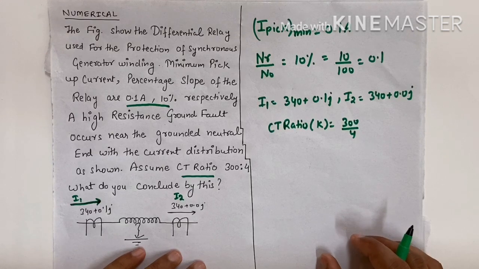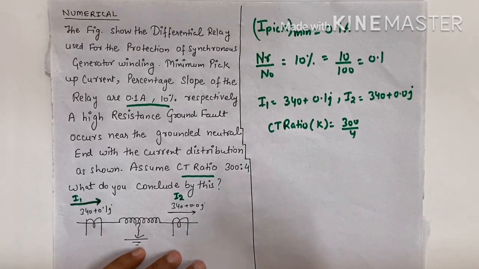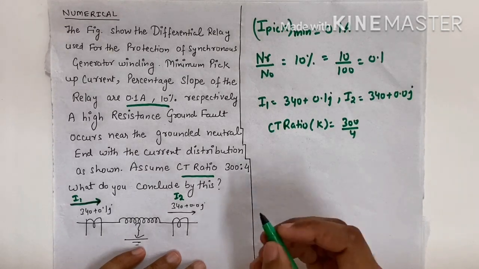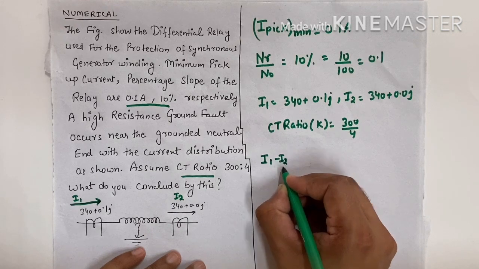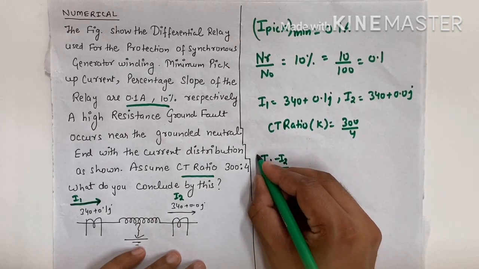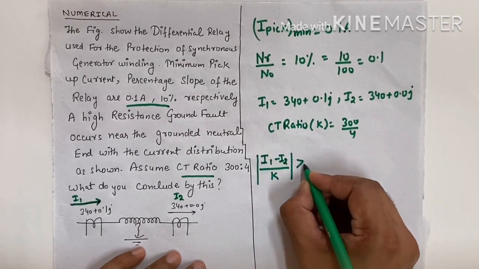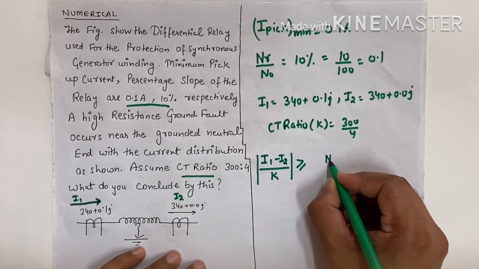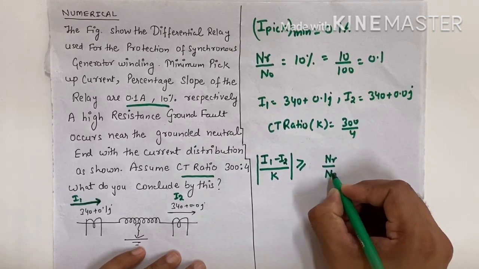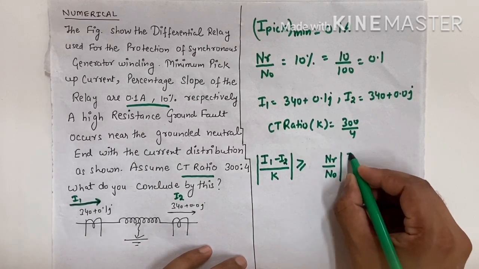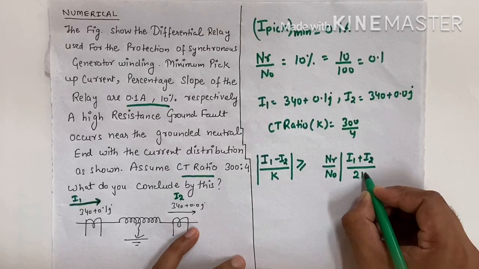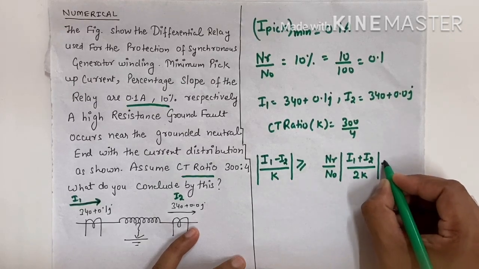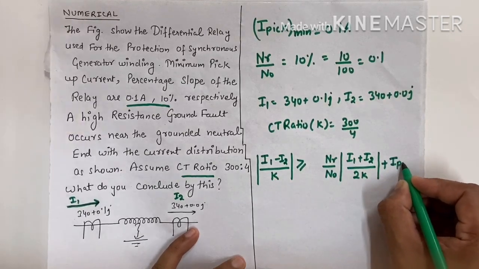In this question he is asking whether the relay will operate or not. The relay is a differential relay. In the differential relay we use the formula: mod of (I1 minus I2) upon K is greater than or equal to NR by N naught, that is the slope, times mod of (I1 plus I2) upon 2K, plus I peak.